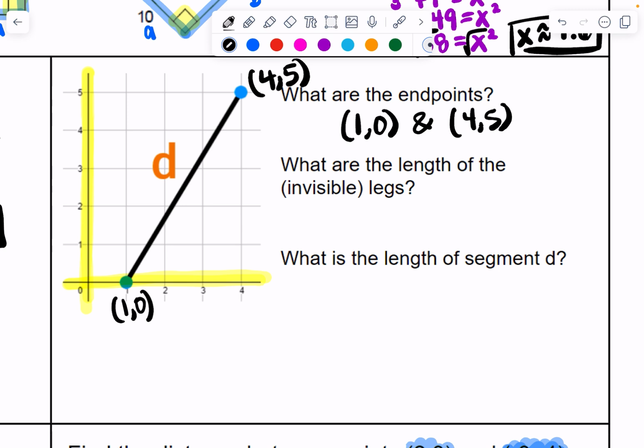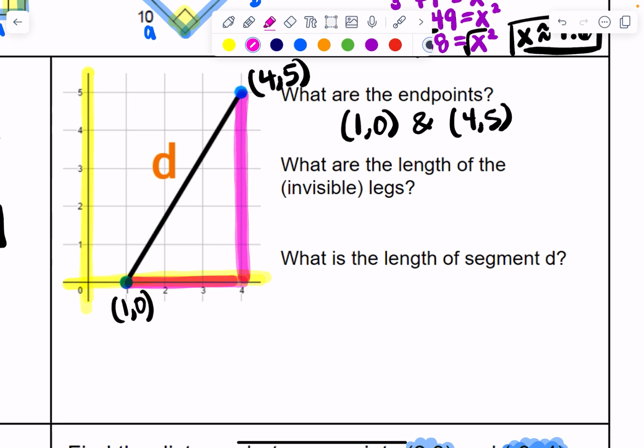Okay. It says, what are the lengths of the legs? So we're going to take this diagonal line and create it into a right triangle. So remember, we can always count from left to right, so I'm going to create my right triangle. I'm going to highlight it in pink here. So it says, what are the lengths of the invisible legs?